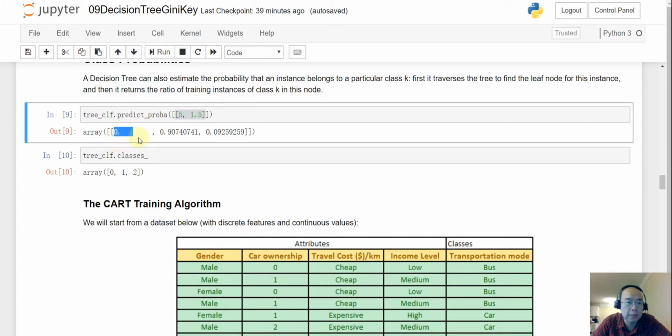Like the first one is 0, and then it's 90%, and then this is almost 10% on another one. So not all machine learning algorithms can do this, but the decision tree algorithm can do that for you.